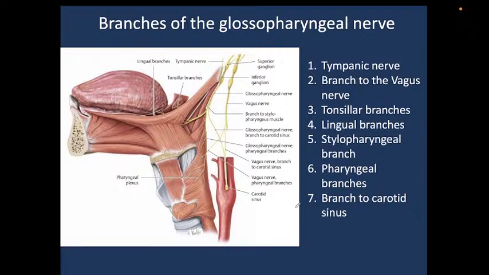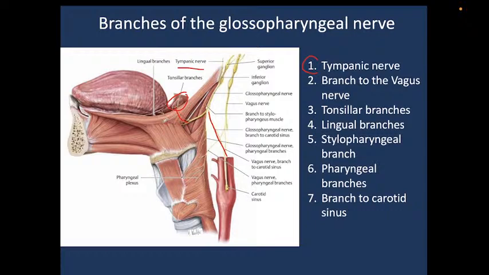Here you see branches of the glossopharyngeal nerve. First branch is called the tympanic nerve, that is here. Then branches to the vagus nerve. Here you see this branch to the vagus. Then tonsillar branches innervate the tonsilla palatina here.